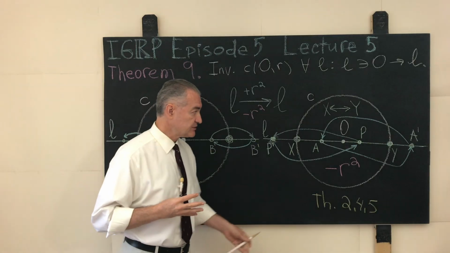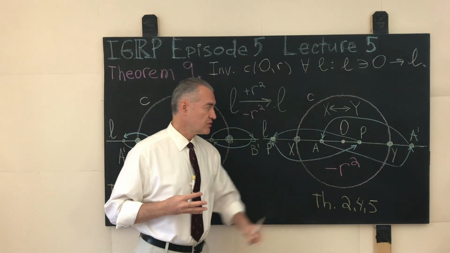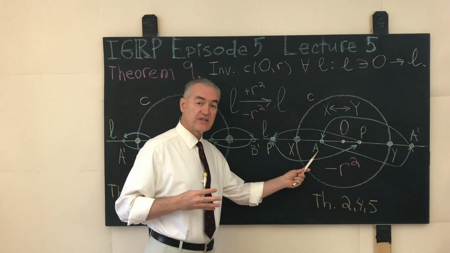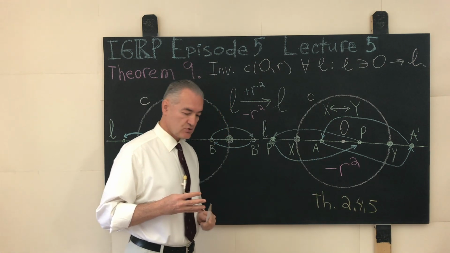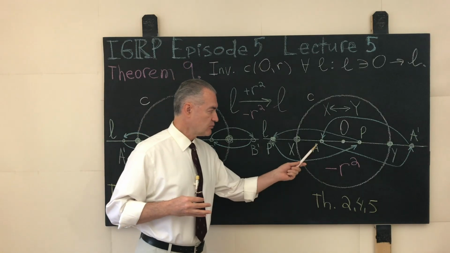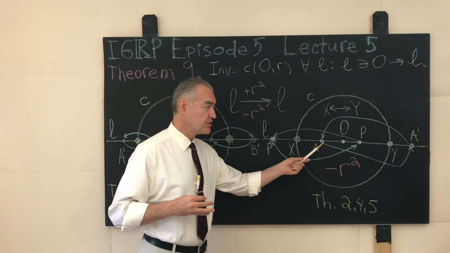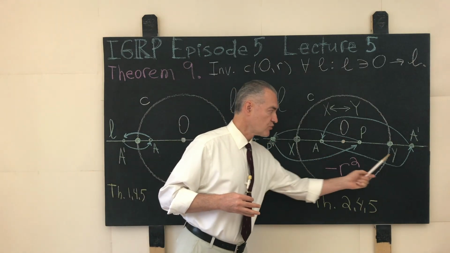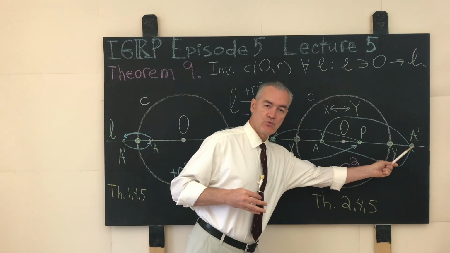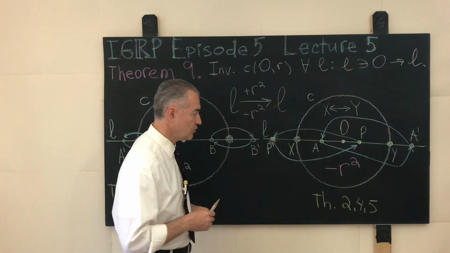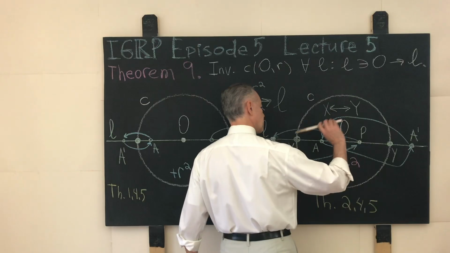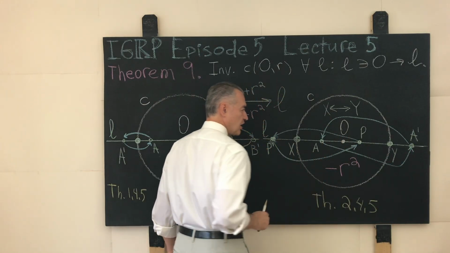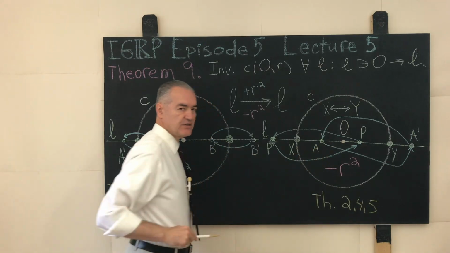That point is distinct from the center of inversion. Number 2, that point is located strictly inside of the circle of inversion. Number 3, that point will be on the same straight line L on which the center of inversion and the pre-image point A prime are located. And property number 4, it will be on the opposite side of the pre-image point. It will sit logically, in this case, to the left of the center of inversion.